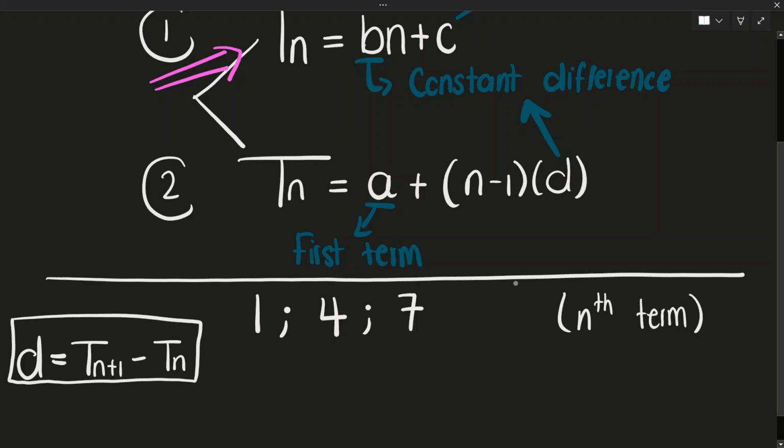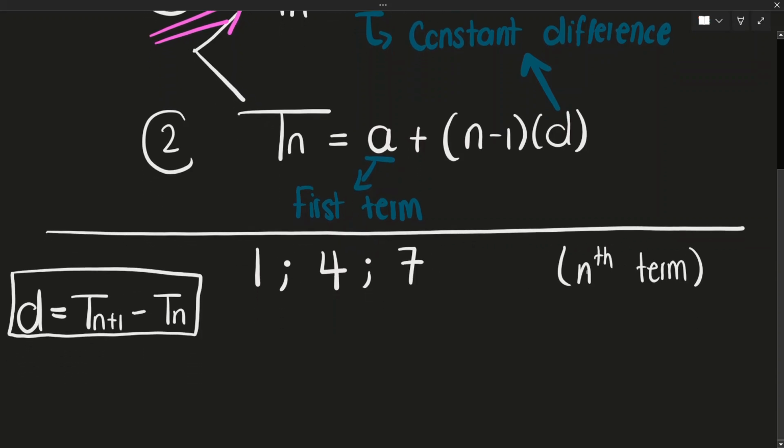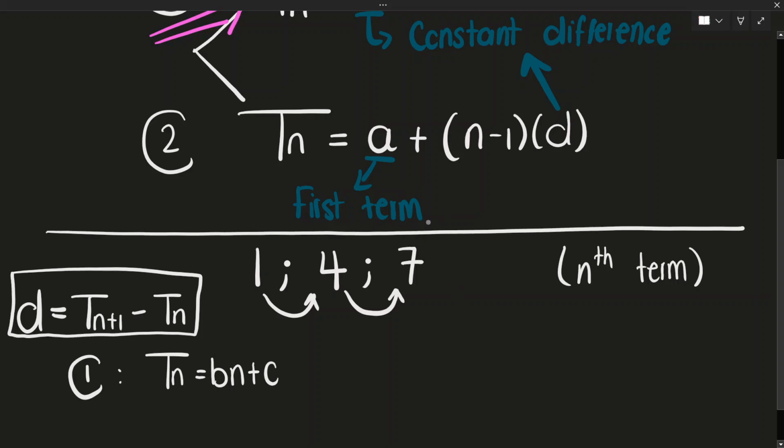So we have this pattern and they're saying get the nth term. There are two ways to do it. The first way to do it basically involves using Tn is equal to Bn plus C immediately. Now, you do your little tail before you even start the question. Why? This is so that you have all the information you need immediately.